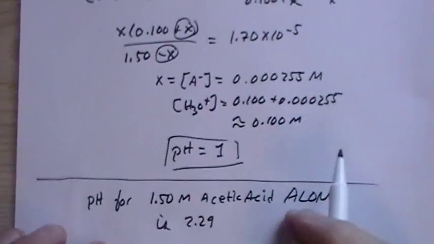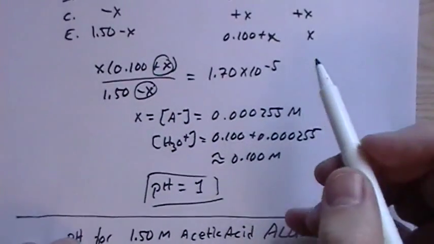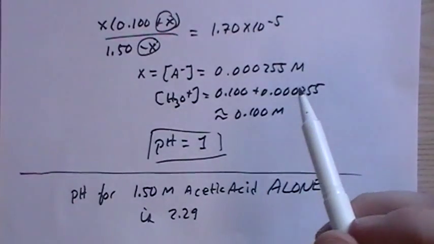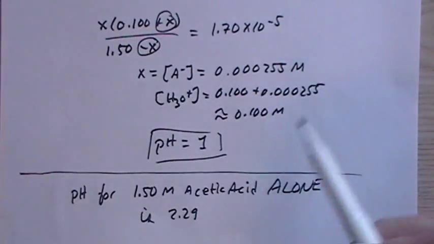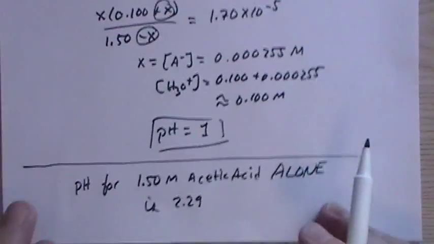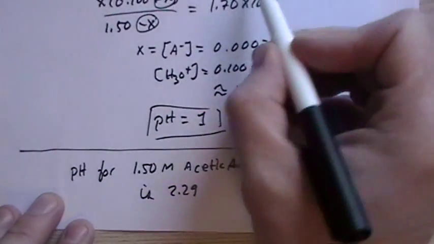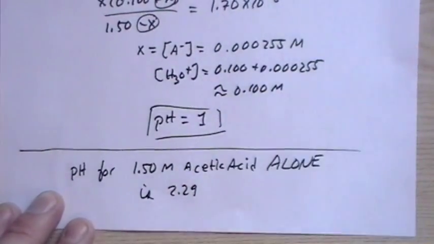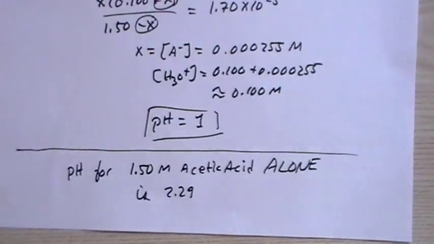So if you used this X term as your pH, you'd end up with a pH of 3.59, which would be greater than this. So you've added a strong acid and the pH went up. That doesn't make any sense. It's because the X is not the H3O plus, it's what's added to what we already have. So be careful of that.